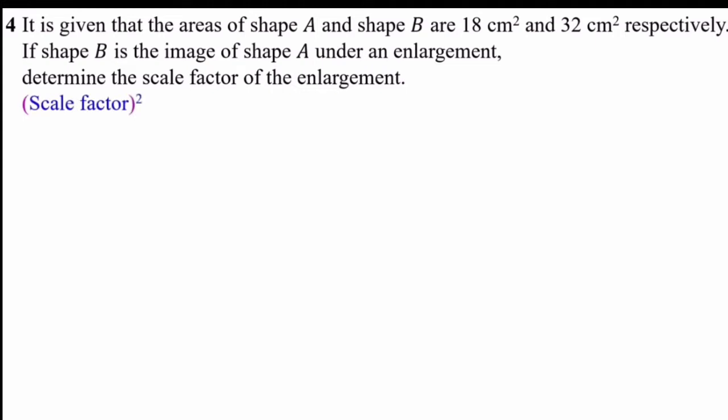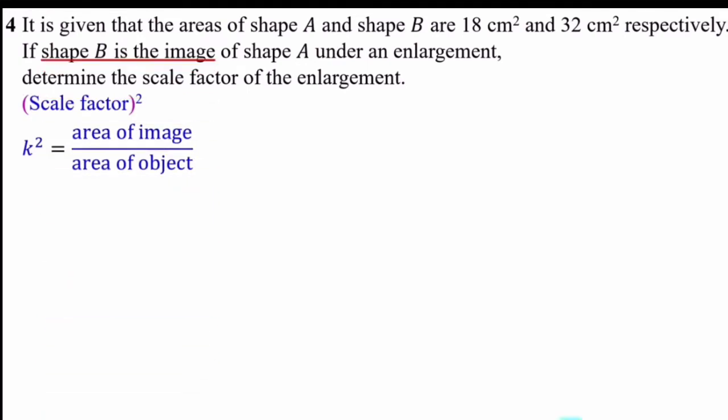So according to the formula, scale factor square is equal to area of image divided by area of the object. So 32 cm square is the area of the image, and 18 is the area of the object.